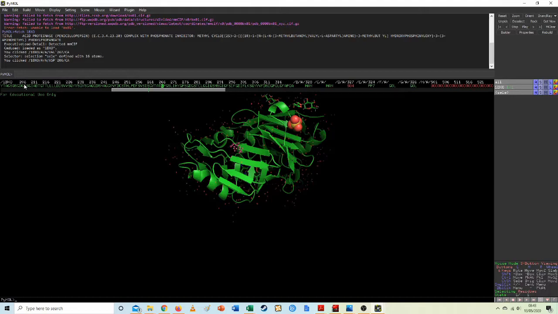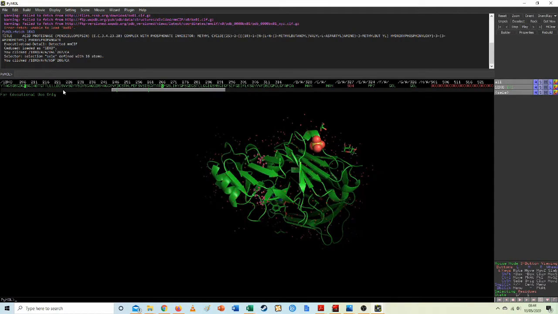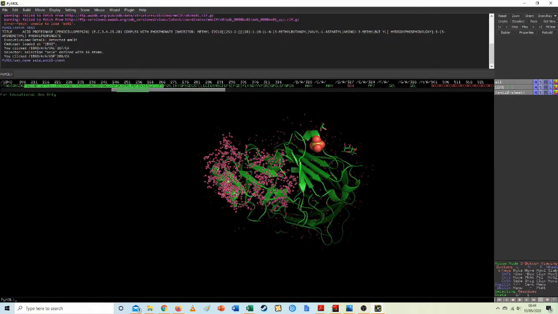Is this going the right way? Ooh, that looks like it's, yes, okay. Right, okay, so once again I am going to rename this section anti-beta sheet, and I am going to color this, and I like that fire brick red.